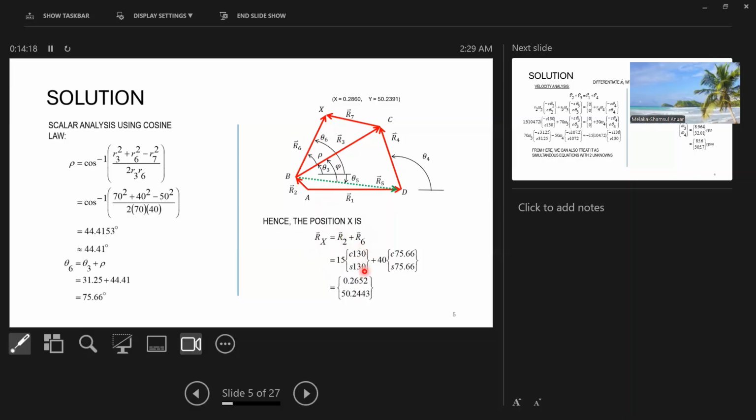Just plug in the numbers, and that gives us 0.26 and 50.24. If you use AutoCAD or any other CAD, you can verify that this is almost correct.